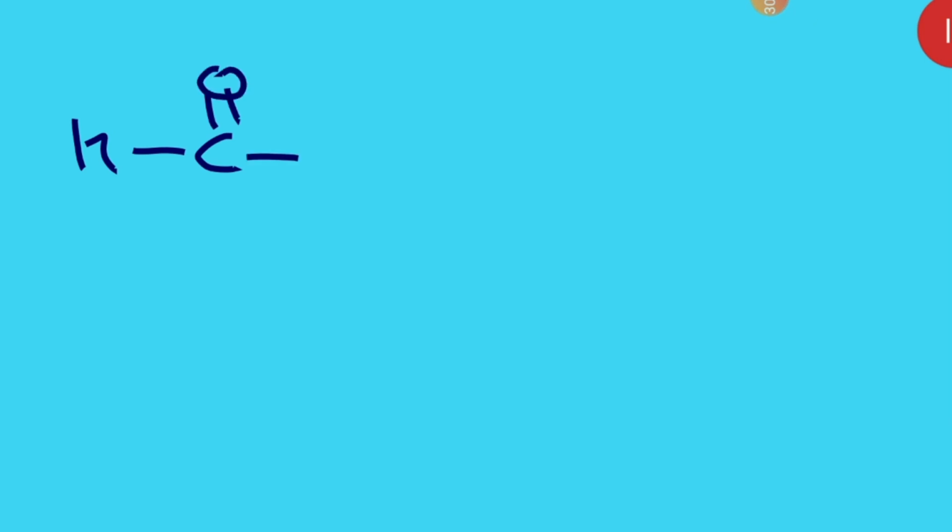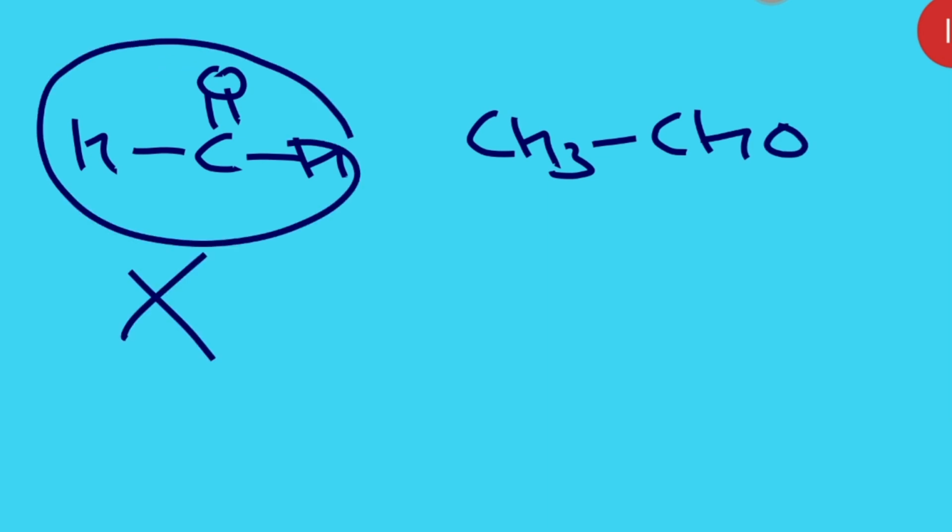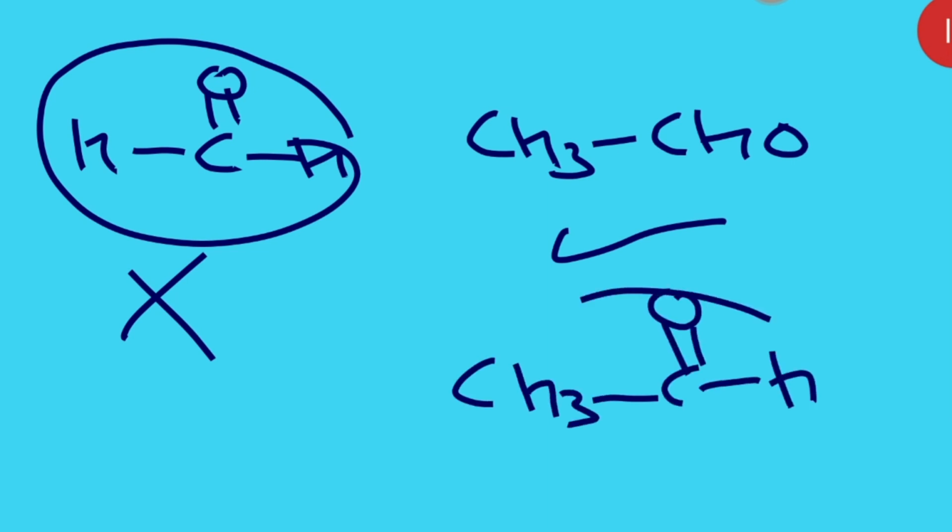Clear, students? Yes or no? We can distinguish. Now see, suppose HCHO is there and CH3CHO is there. Which one will give the iodoform test? This one? No, this one will give, because it contains the CH3CO group.